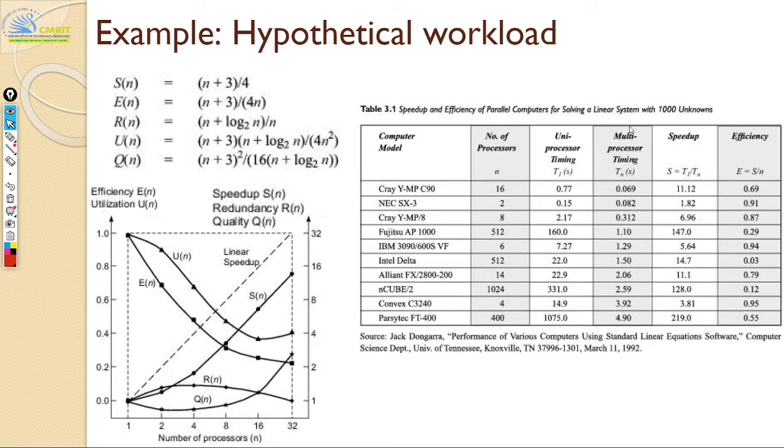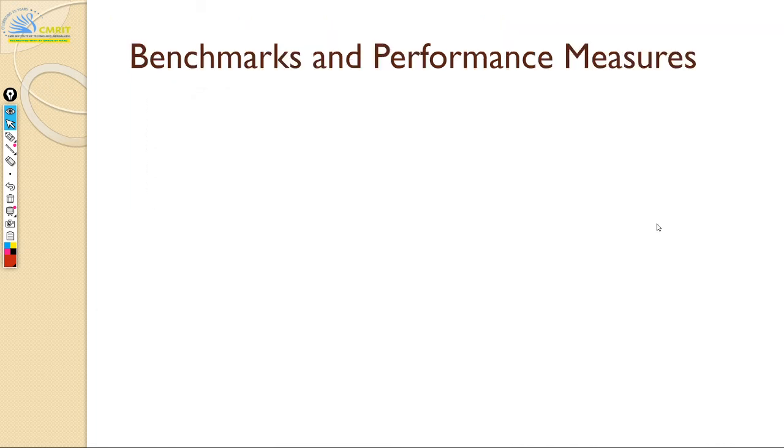He took the standard linear equation solving algorithm, ran it on different supercomputers, and started rating them. This is what he obtained. Actually there's more to it, which we will see in a couple of slides.